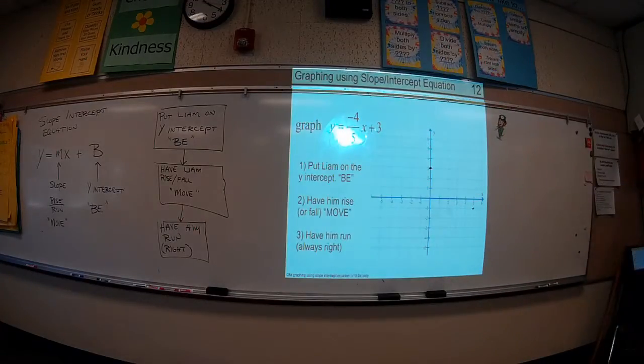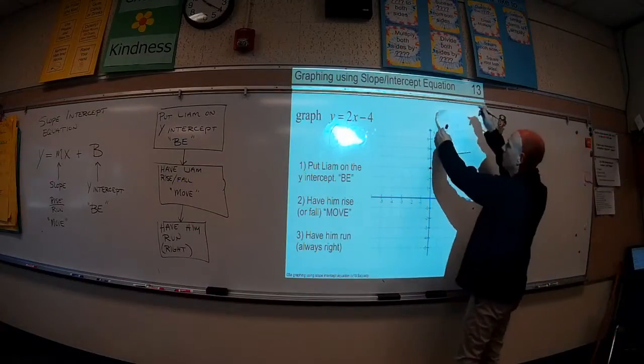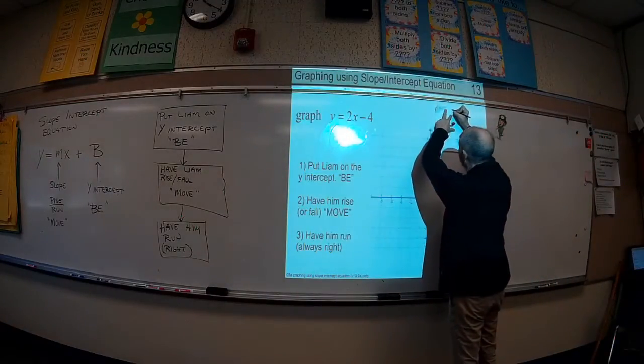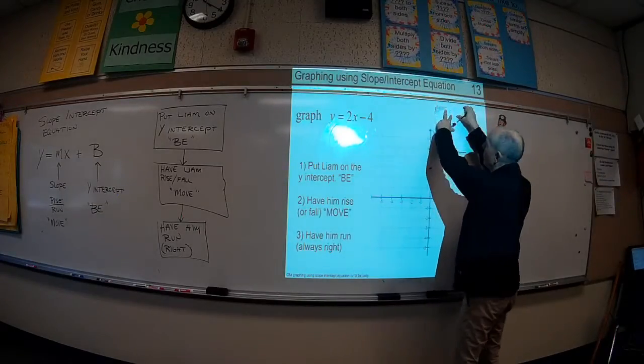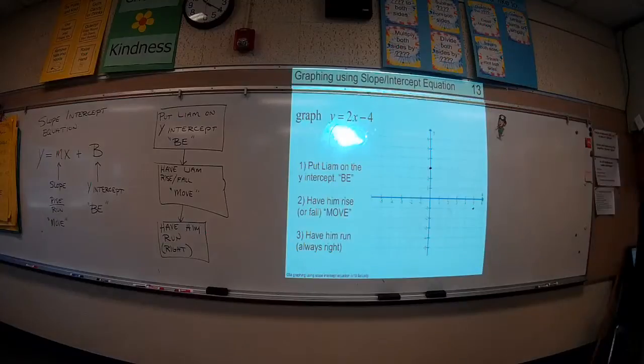Go to your next graph. Right up here, y equals 2x minus 4. Tell your neighbor where Liam wants to start.